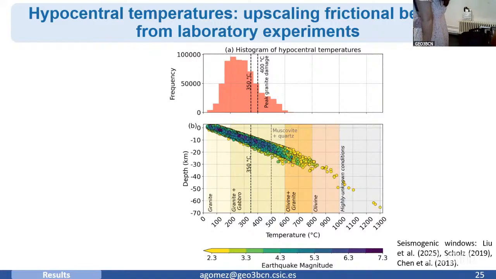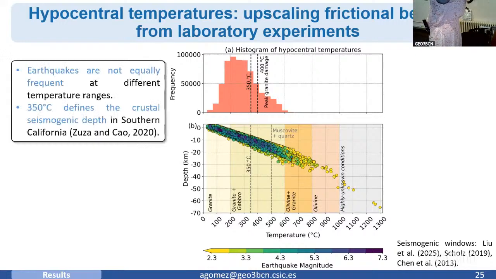And these color panels in the background correspond to the seismogenic window of different minerals and rocks expected both in the crust and the mantle. So here you see granite and gabbro, olivine and granite, and so on.